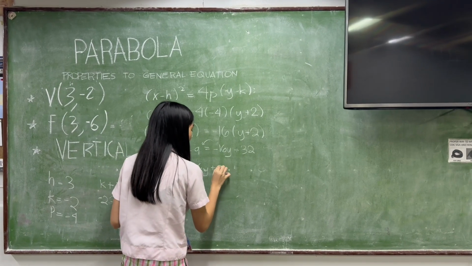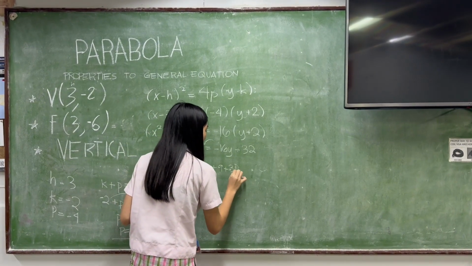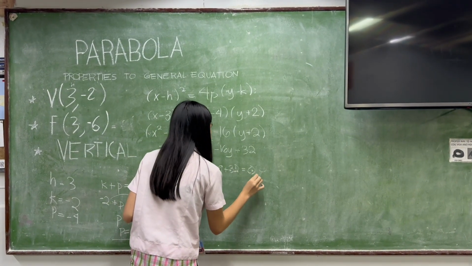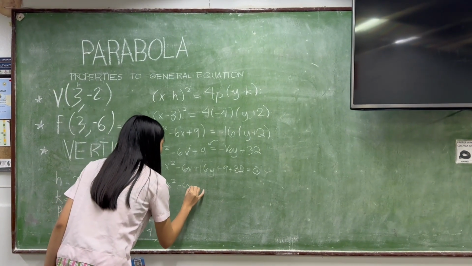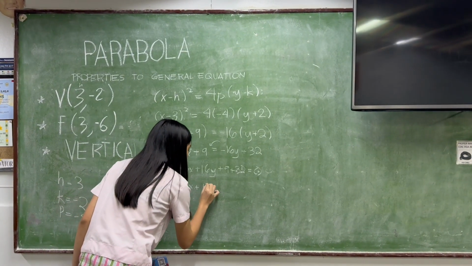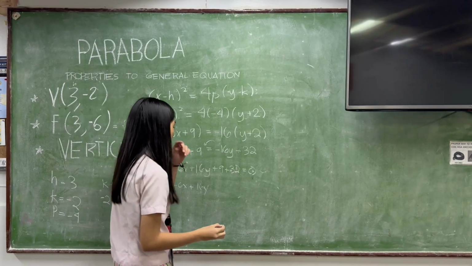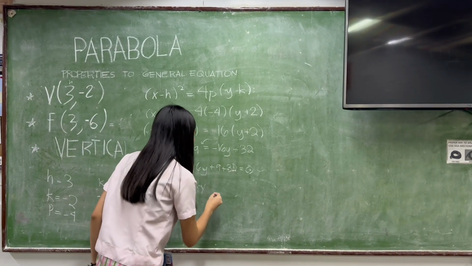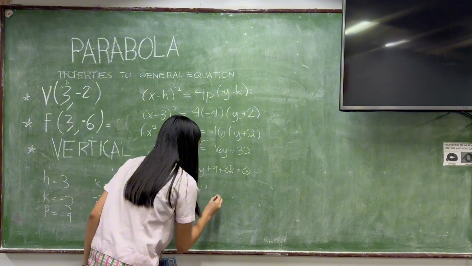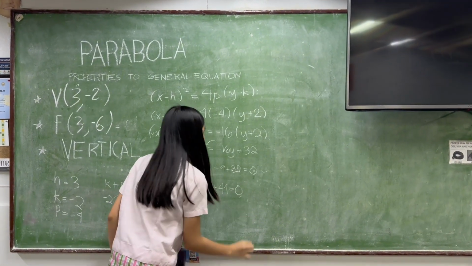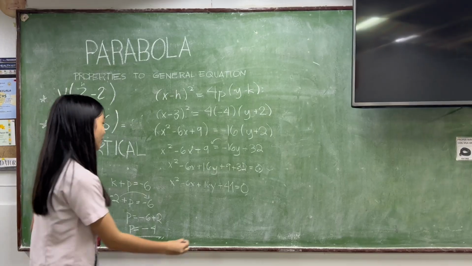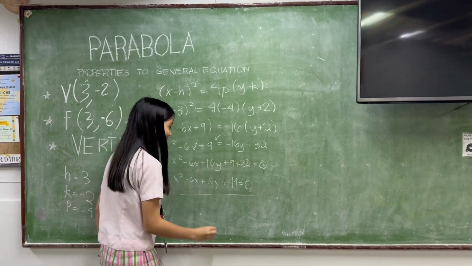So, plus 9 plus 32 is equal to 0. After that, x squared minus 6x plus 16y, 9 plus 32 is equal to positive 41, equals 0. So that is our final answer.